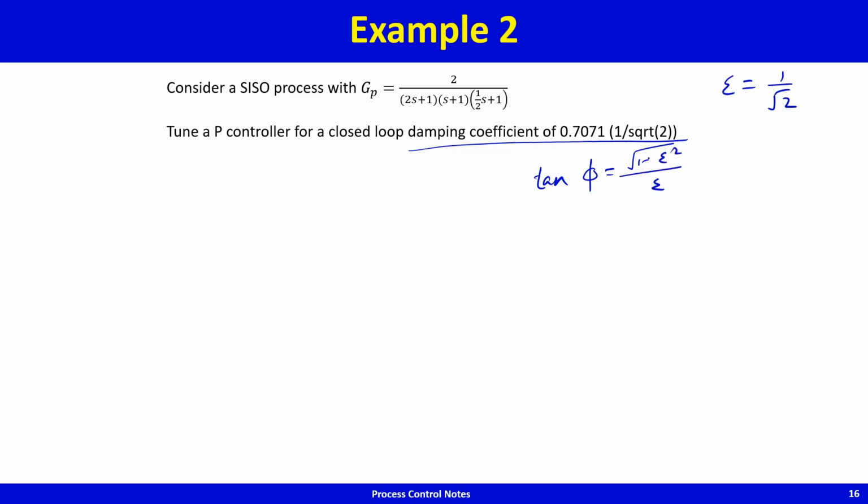If you put chi equal to 1 by square root 2, you will get tan phi equal to 1. That means the magnitudes of the real and complex parts of the dominant roots of the characteristic equation must be the same.